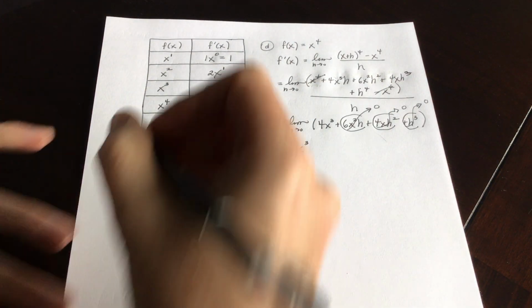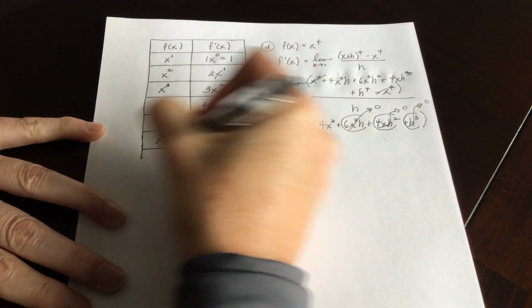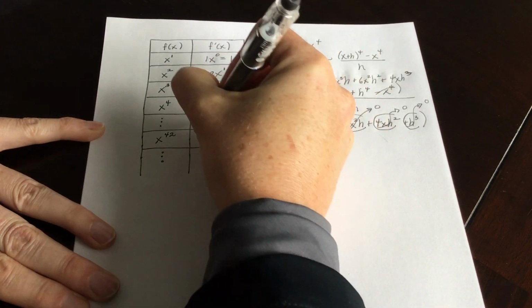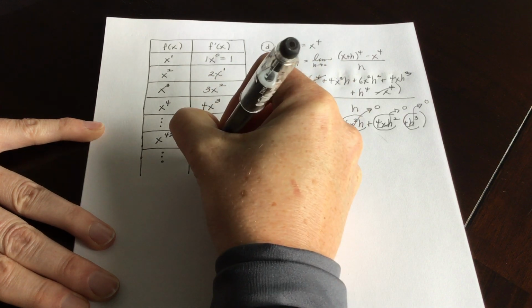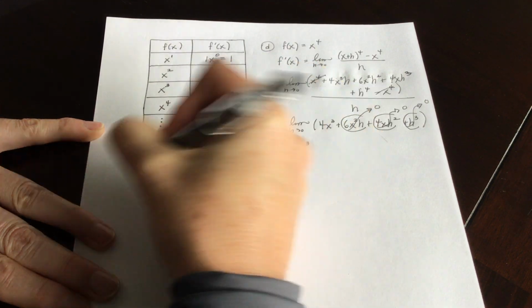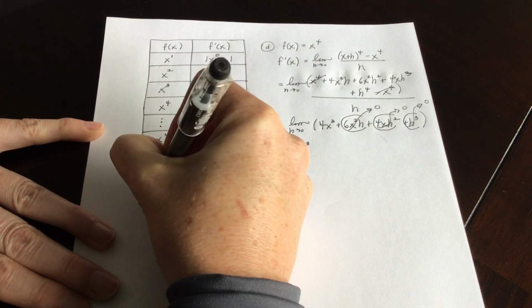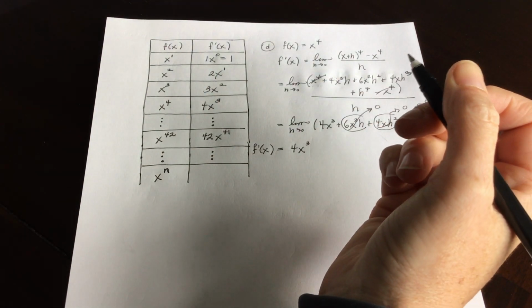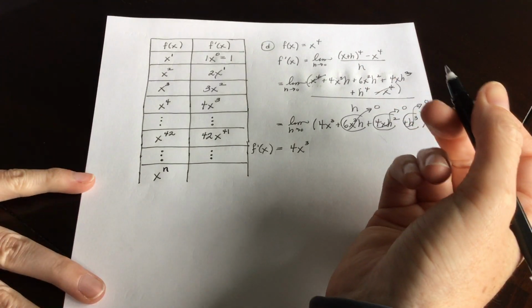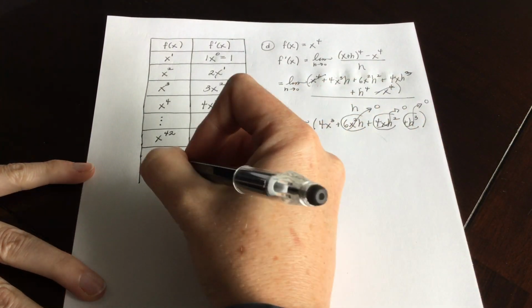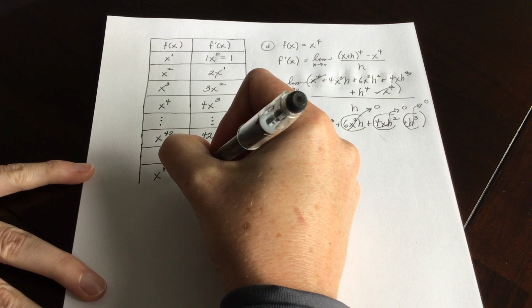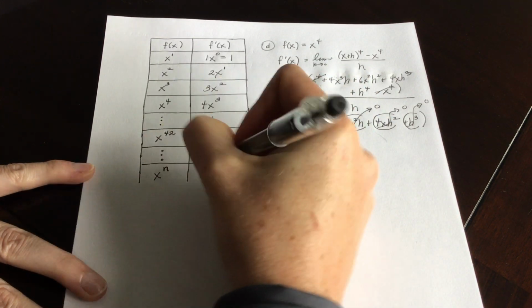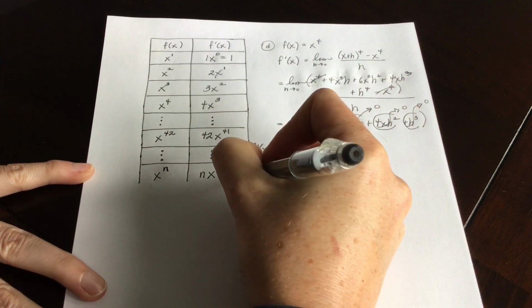So now let's say what this would be in general. If you have x to any constant power, I'll use n to mean a constant value, then what's the rule for the derivative? You'd have n as the coefficient times x, and the new exponent would be the old number take away 1.